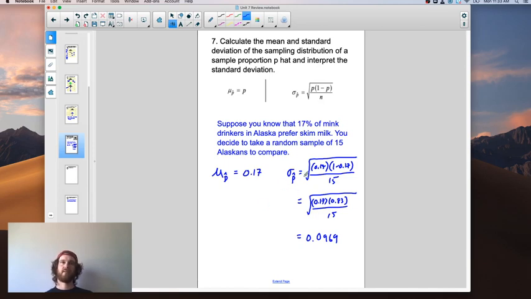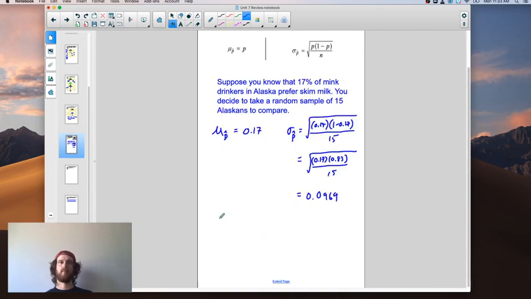So what does this standard deviation mean? This means that we can expect the mean of a sample, I should say, except we're not doing mean here, are we?